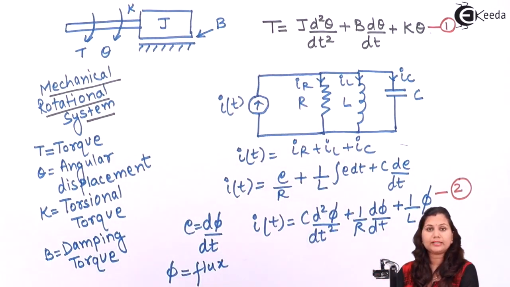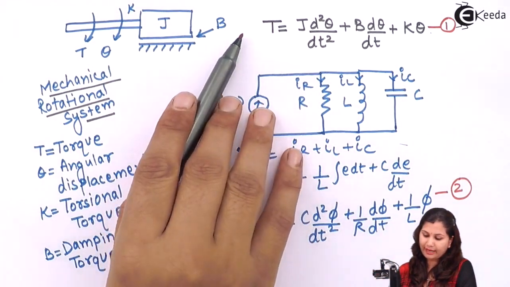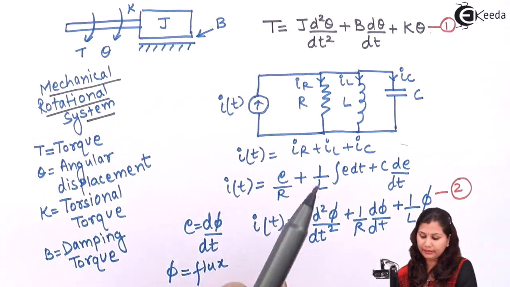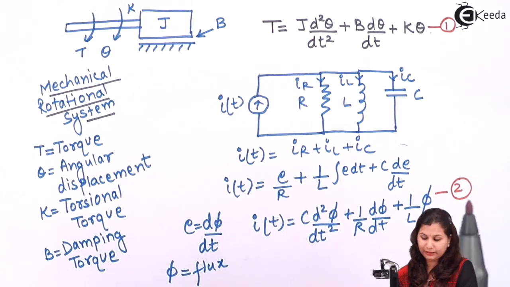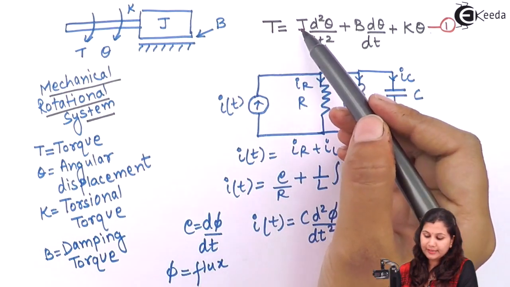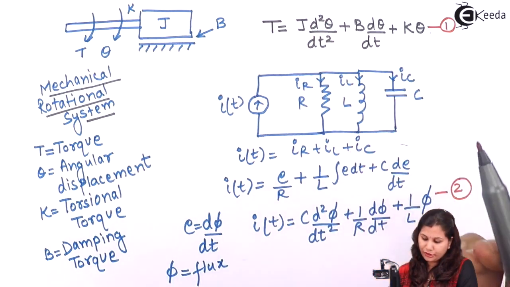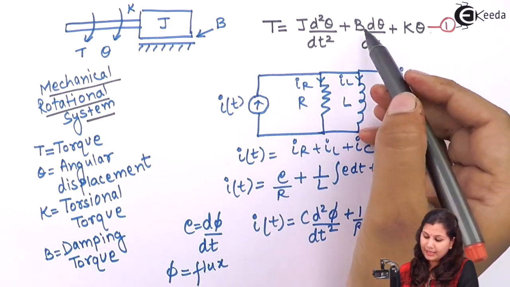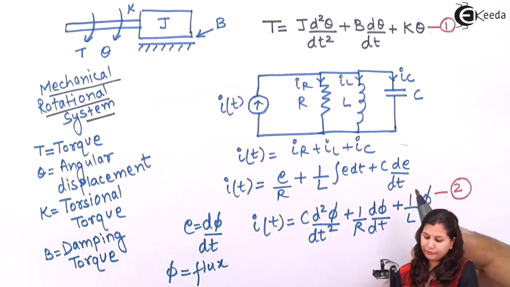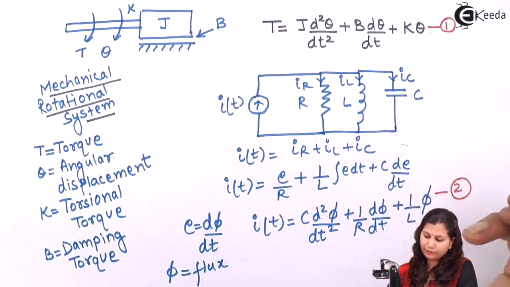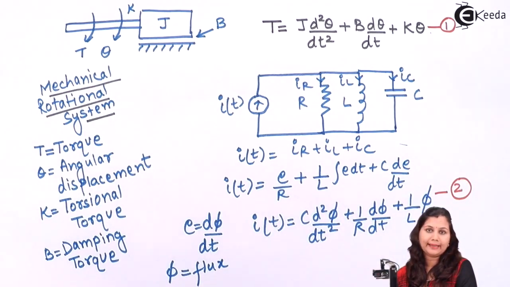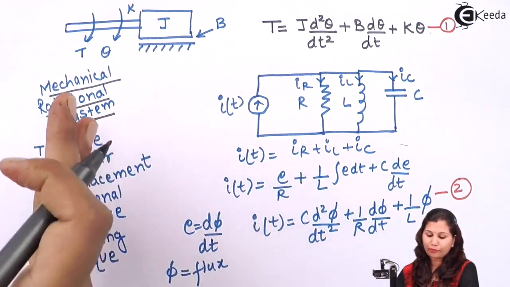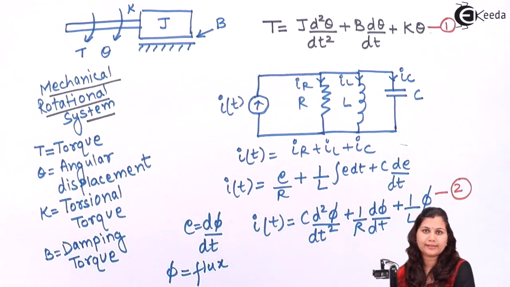So if we compare these two equations, we will get that torque is equal to current. We can replace torque by current, and J, the moment of inertia, we can replace by the capacitance. We can replace the damping torque by 1 by R and torsional torque by 1 by L. So in this way we can get the analogous system for this mechanical rotational system.